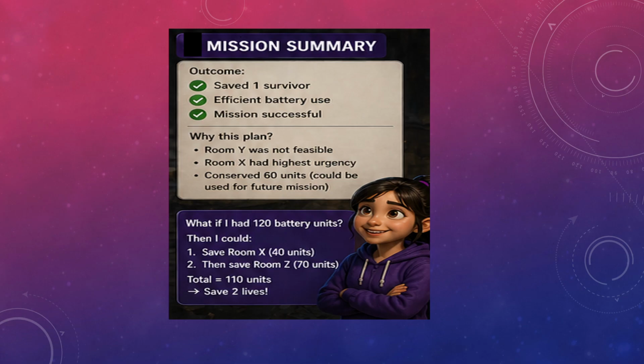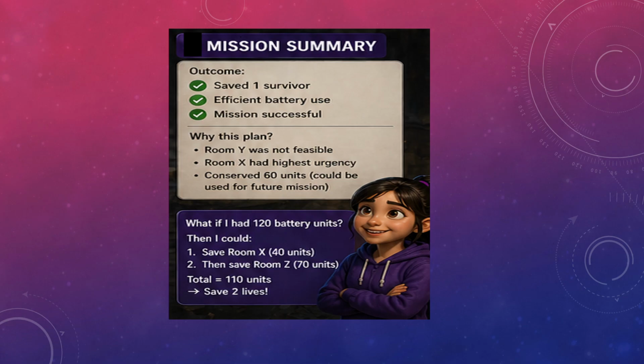Now, if the robot had 120 battery units, then definitely we could have looked at a further option. When the robot had saved the survivor in room X and come back, it would still have battery left to save another survivor.